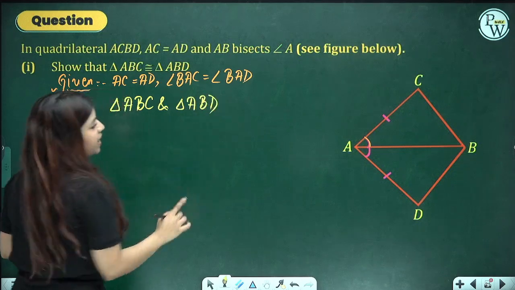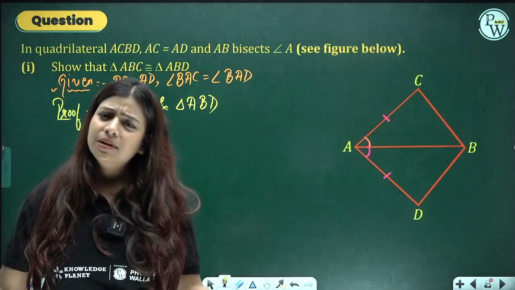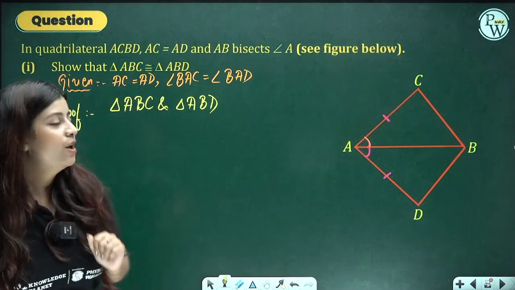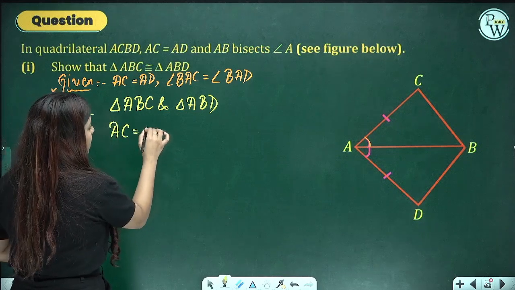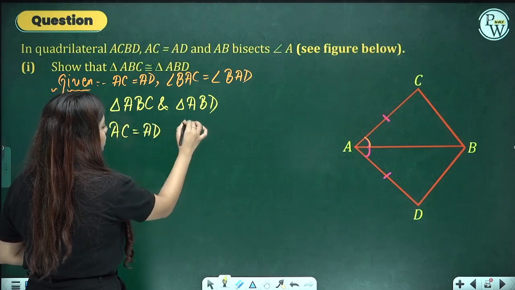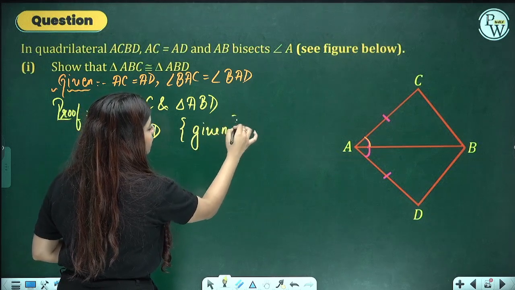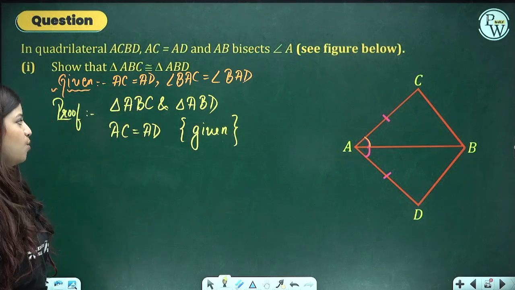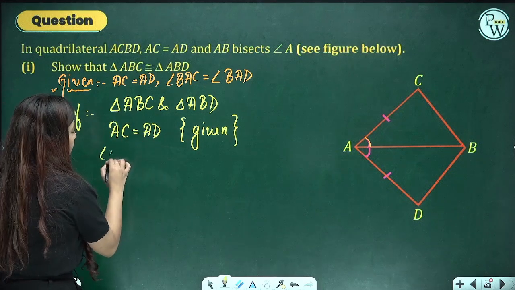The very first thing that we can write is AC is equal to AD. That is the simplest thing because that is given to us in the question. The next thing that we have is angle BAC.